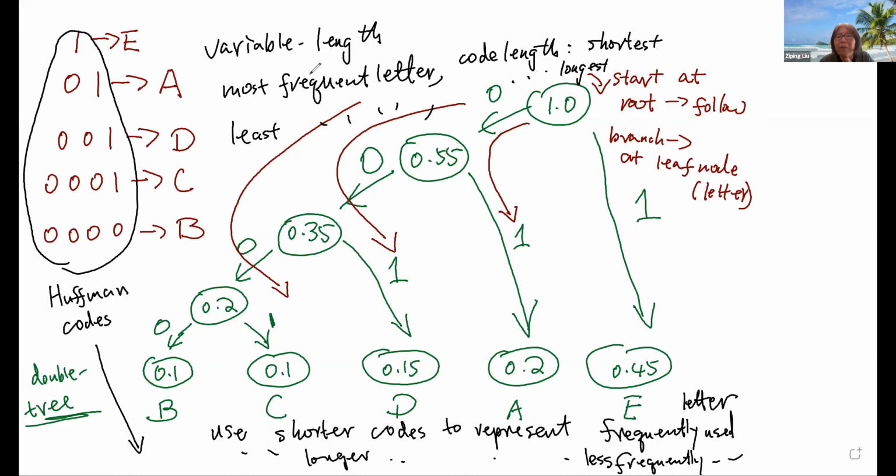The variable length, we explained the benefit regarding this. You use shorter codes to represent frequent letters and longer codes to represent rarely used letters. In this case, you can save a lot of space compared with fixed length.